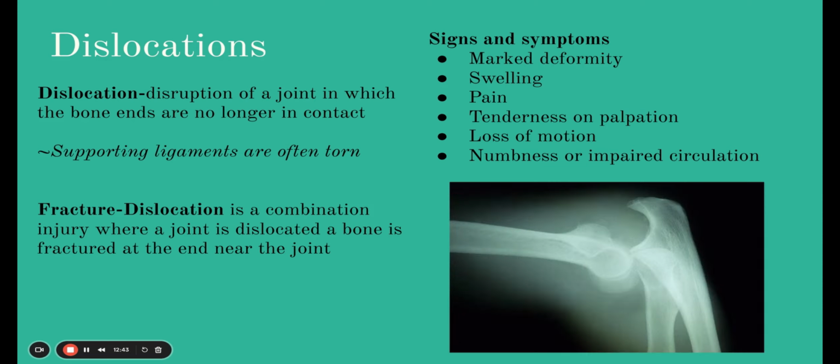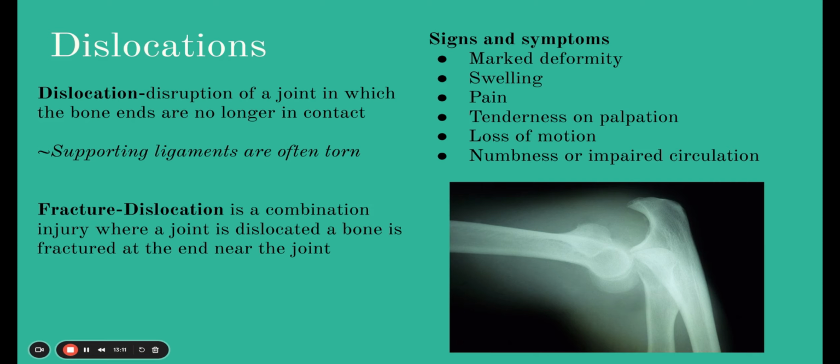Then we have dislocations. Dislocations are going to be a disruption of a joint in which the bone ends are no longer in contact. So you can see that in this x-ray over here. It's a dislocation of the elbow, I believe. Supporting ligaments, remember ligaments connect bone to bone, are often torn in these cases, especially severe dislocations.